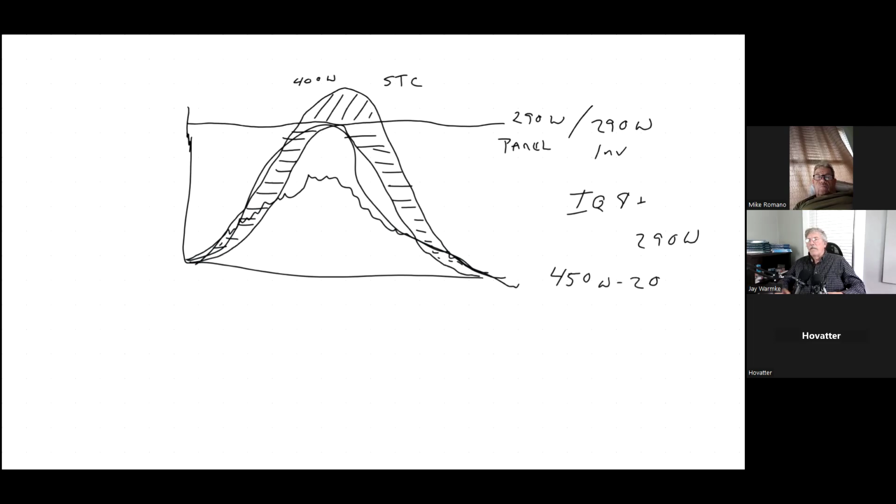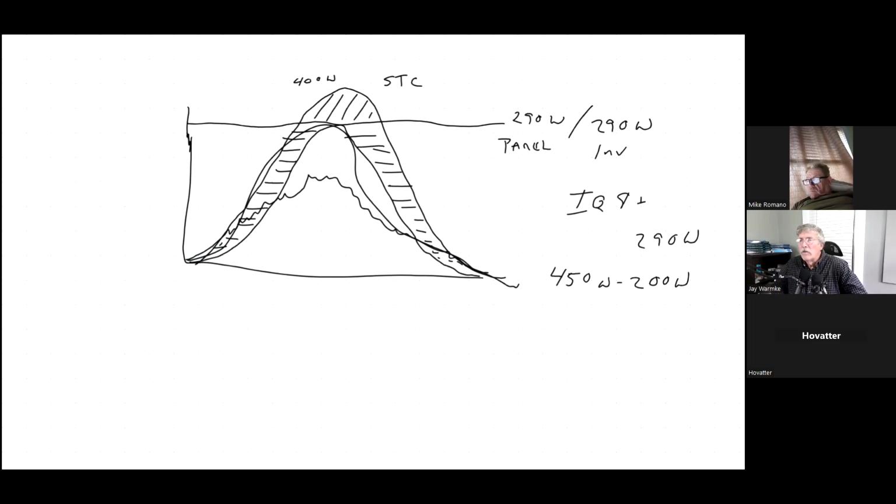So that's going to be its functional operating range. As long as you don't put a panel on there that's greater than 450 watts, you're not going to damage the inverter. If you put a 500 watt panel on there, you might fry out your microinverter. But this is known as clipping.